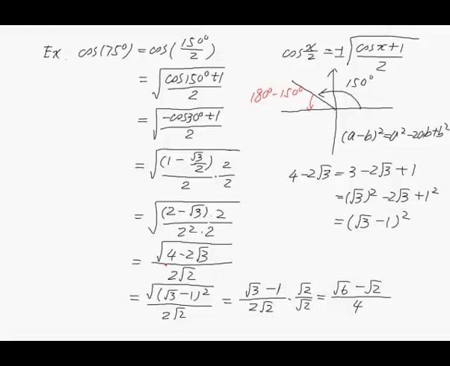And after we find the half angle identity for cosine, now let's look at the half angle identity for sine. And we begin with one form of the double angle identity for cosine. So we know cosine of 2x is equal to 1 minus 2 times sine square x.